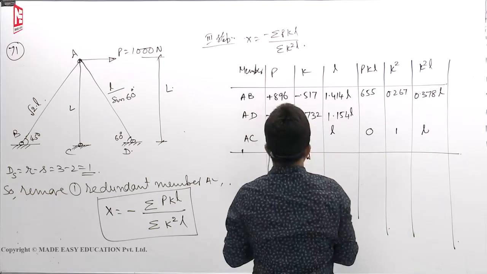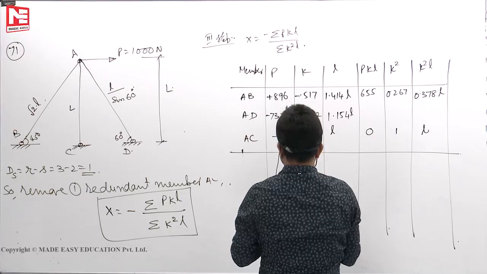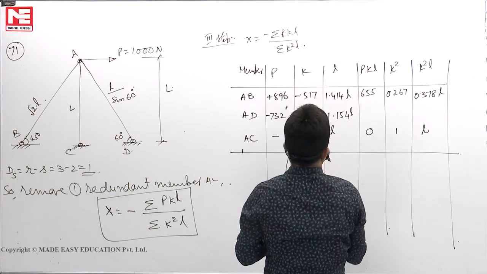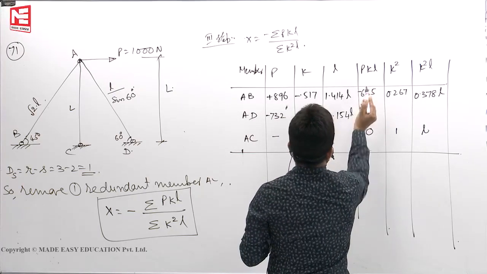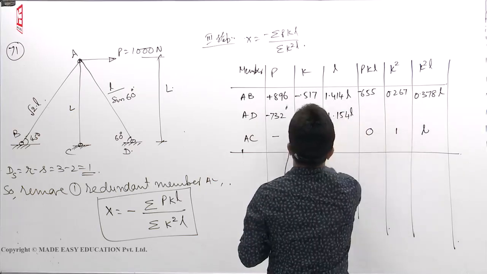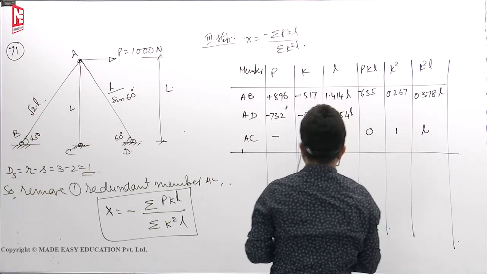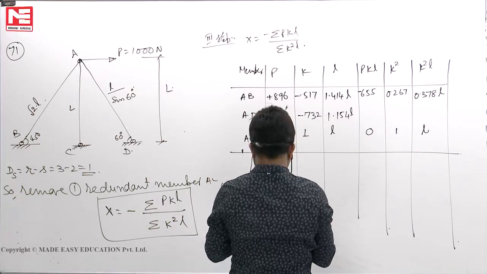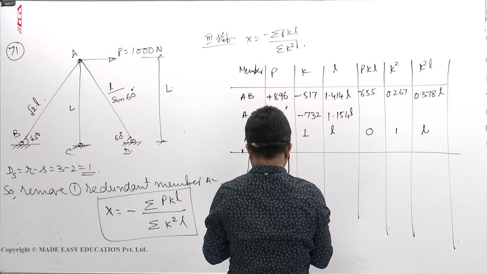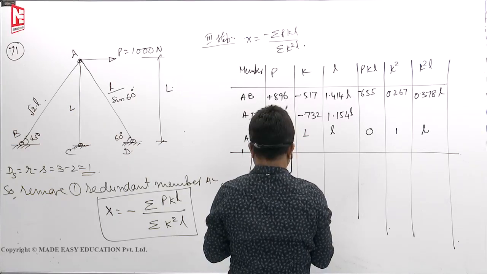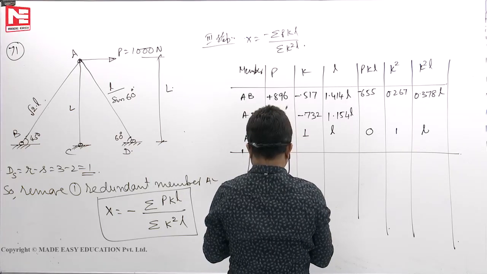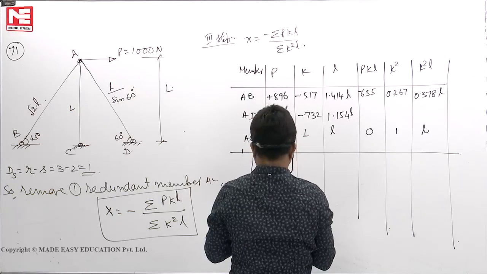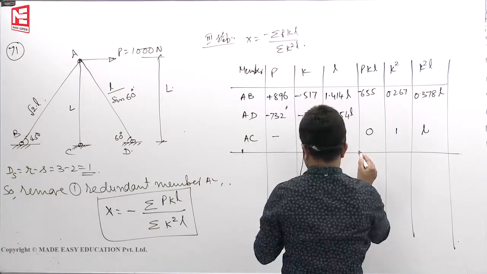Then this one PKL. PKL will become, this value is minus, this is PKL plus, you will get 732 into 0.732 into 1.154, 618.